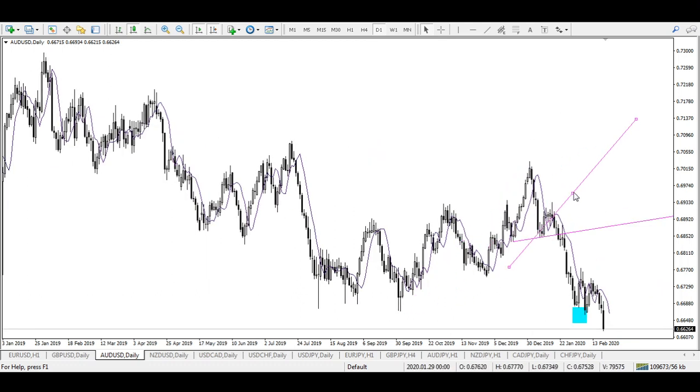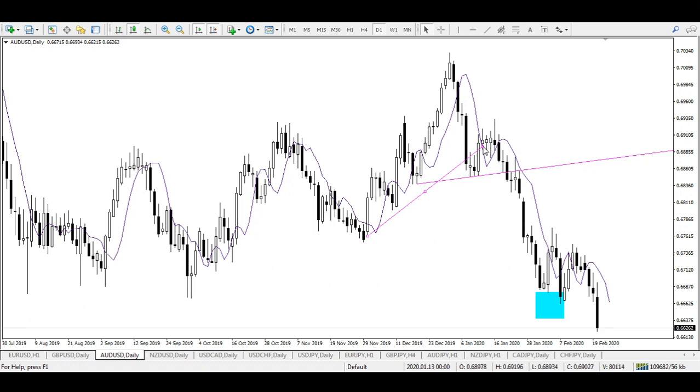And if you have seen the second last or third last analysis, then we had clearly said that this trend line on Australian dollar was broken, and after breaking the trend line, there was huge chance that Australian dollar will keep falling, and that is what had happened. This was the trend line.